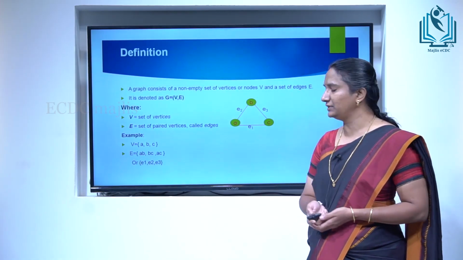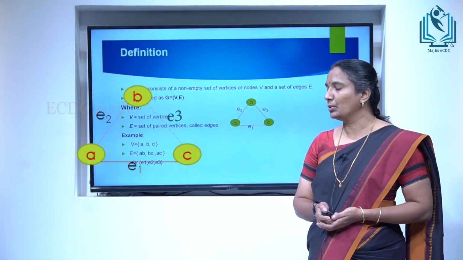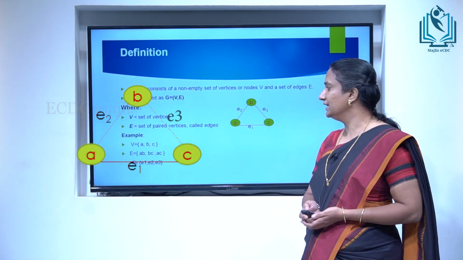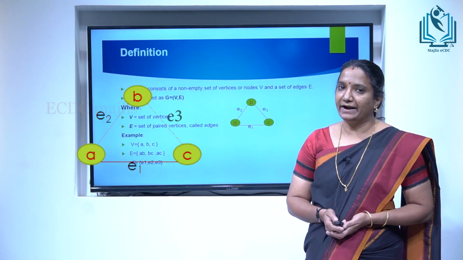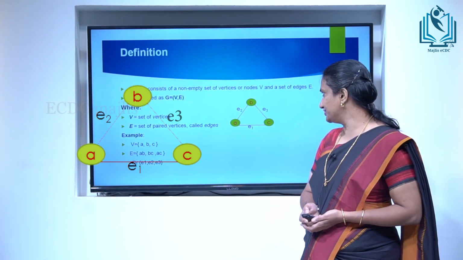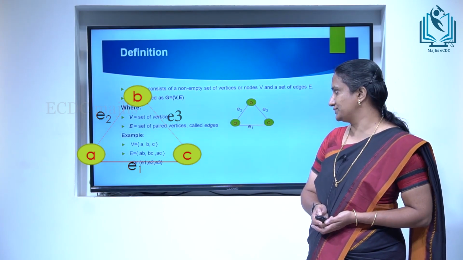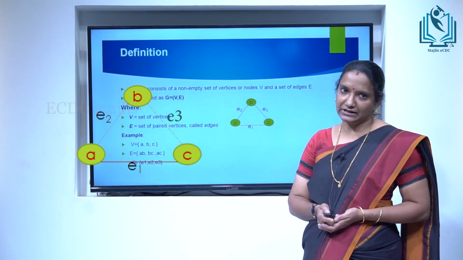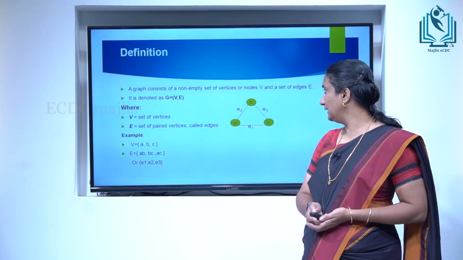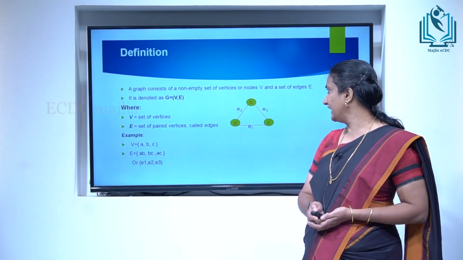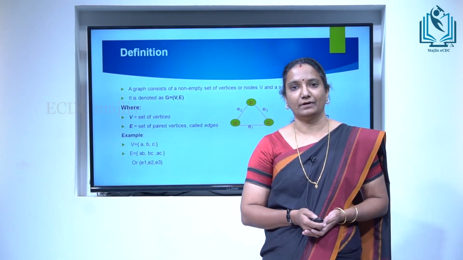In our example, there are 3 vertices, V equal to A, B, C, and 3 edges: A to B, B to C and A to C, or either we can write the labels of the edges, that is E1, E2, E3.